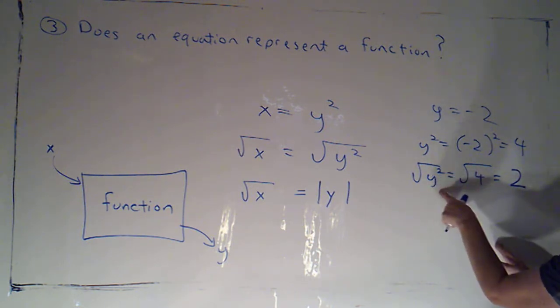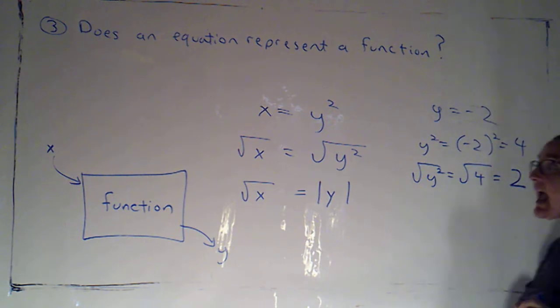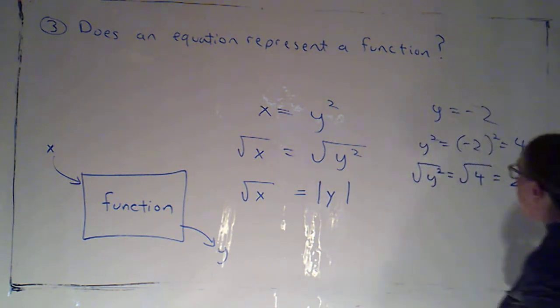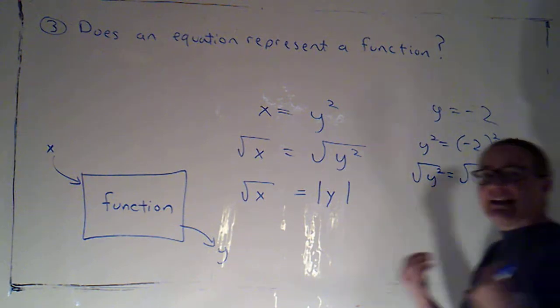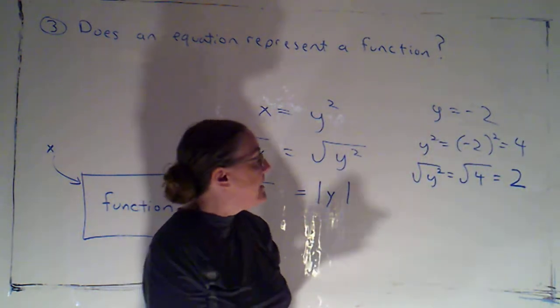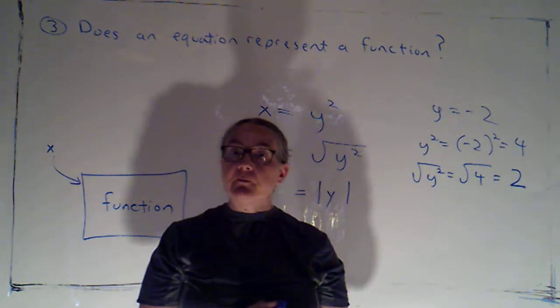So here, the square root of y squared wasn't the same as y, but it was the same as the absolute value of y. But there are going to be two numbers that have any given absolute value if it's a positive number like this. Both 2 and negative 2 have an absolute value of 2.